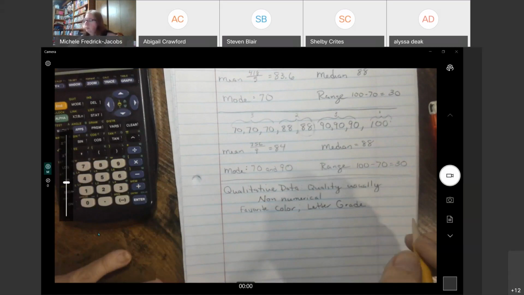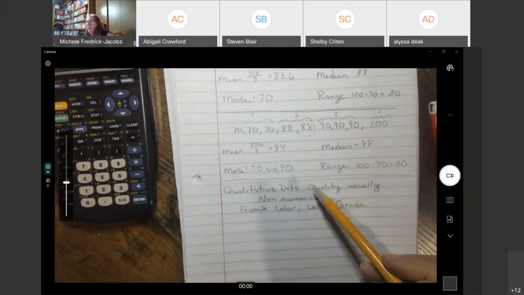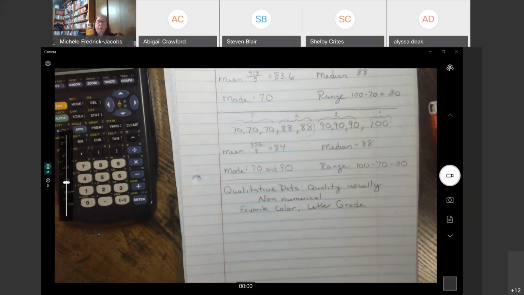The special cases, when you're thinking of qualitative and you're looking at a numerical value, if you would put it in an order, putting it in order wouldn't make any sense. Like if these are grades, putting them in order, this is the lowest grade, this is the highest grade, so it has a meaning. Whereas if you think of your phone number, putting them in order really doesn't mean anything.